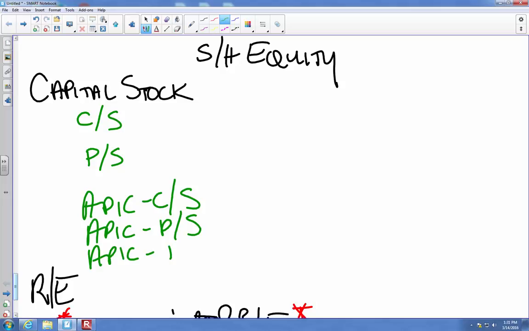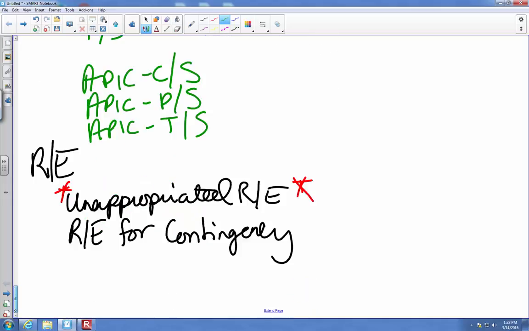How come I've got APIC treasury stock in here, but not the treasury stock itself? Treasury stock's a contra stockholders' equity account. It's down here, isn't it?